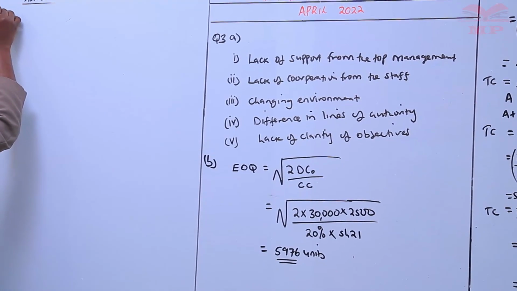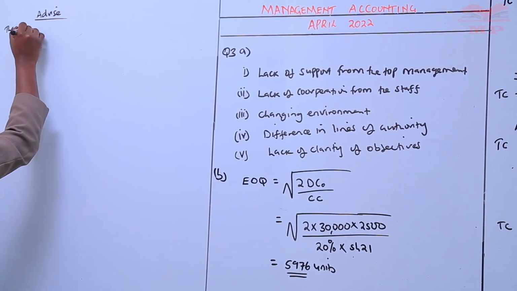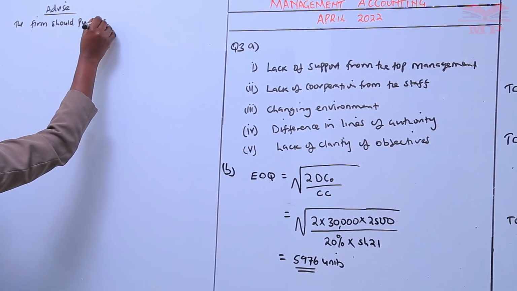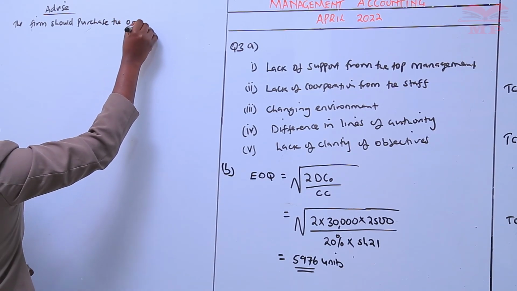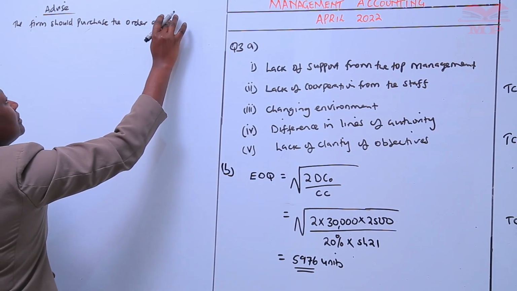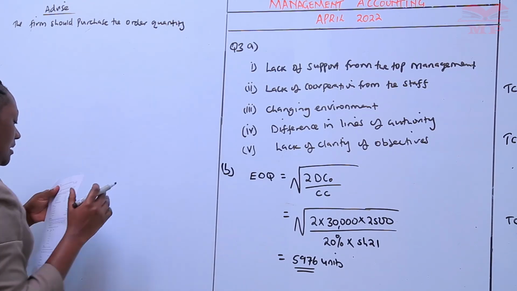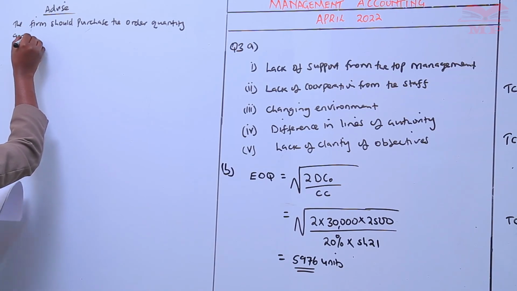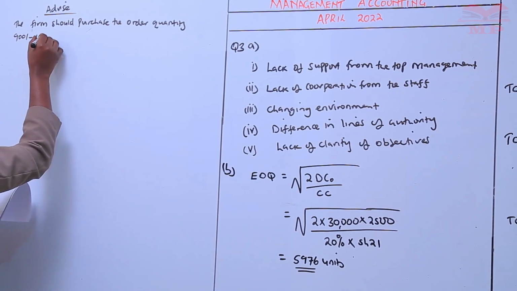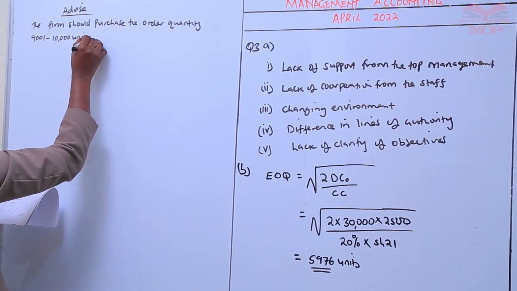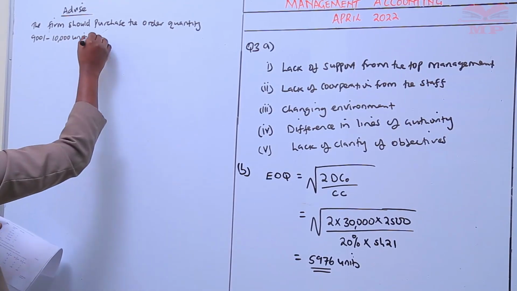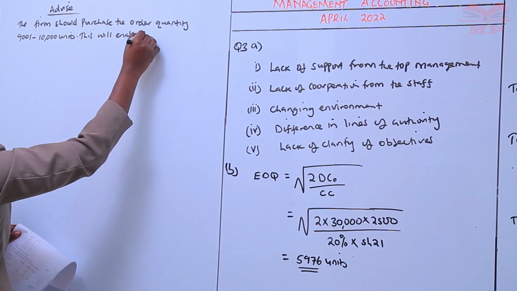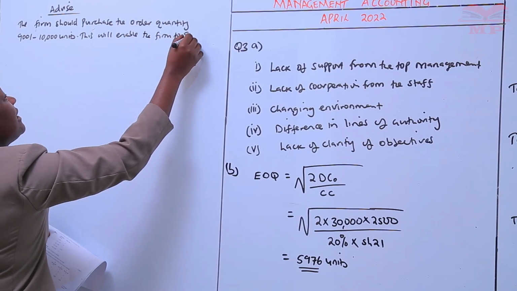Advice is the firm should purchase the order quantity 9,001 to 10,000 units. So this will enable the firm to save.